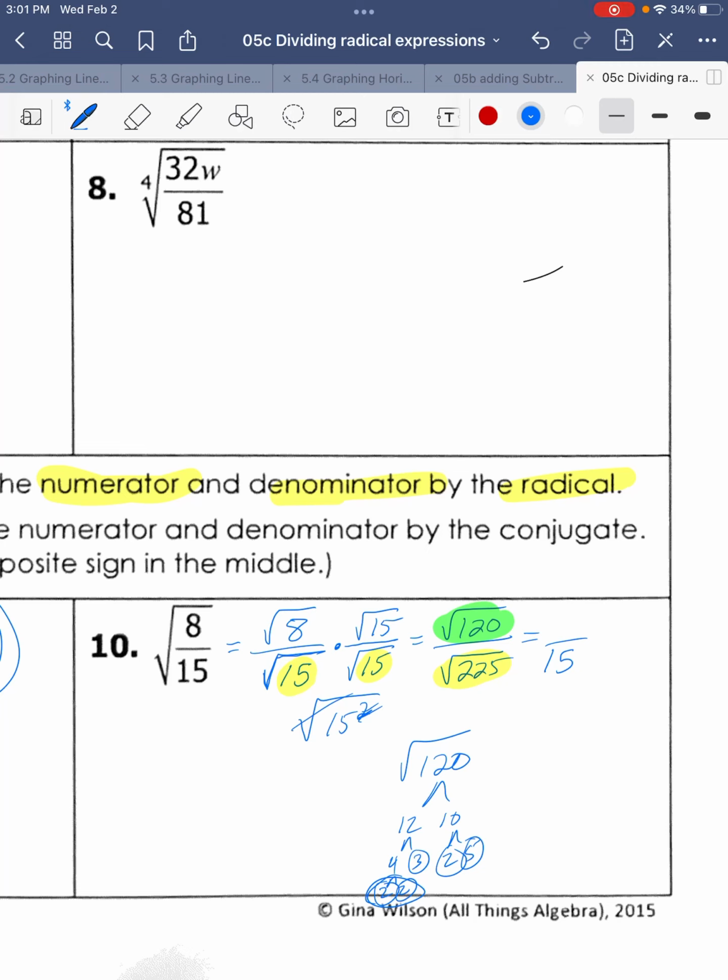What did I do wrong? So this would become 2. 3 times 2 is 6, times 5 is 30. Maybe I didn't do anything wrong. Guess not. Okay. So the numerator is 2 square root of 30. And then I'd look at the 2 and 15, see if I can simplify, and I can't. So this is your final answer.